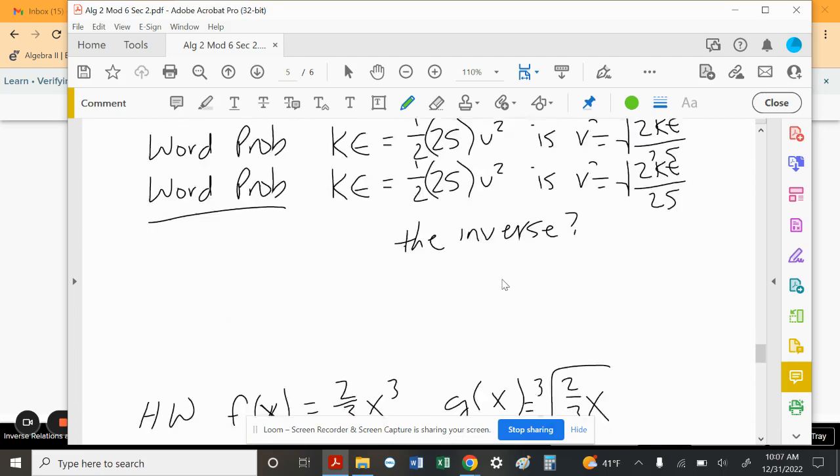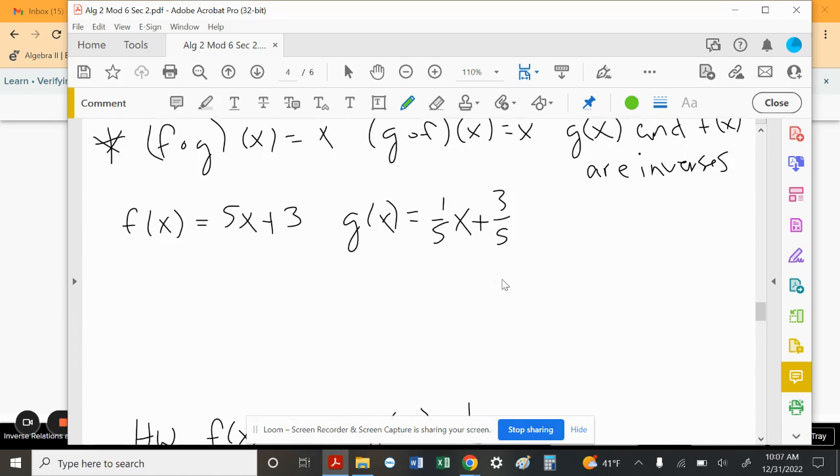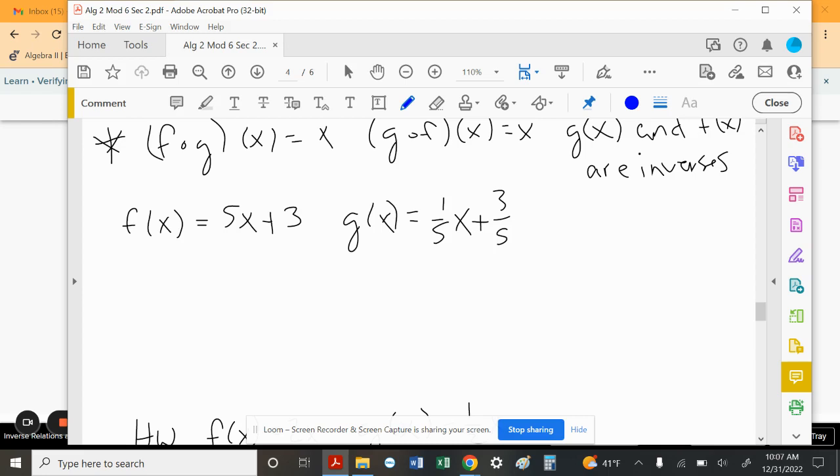Now, what does f of g mean? It's actually probably the easiest thing that we're going to do today. I want to make sure with this whole assignment that you understand what we're going to do. When I want to find f of g of x, that just means I'm going to plug in g into all the x's.